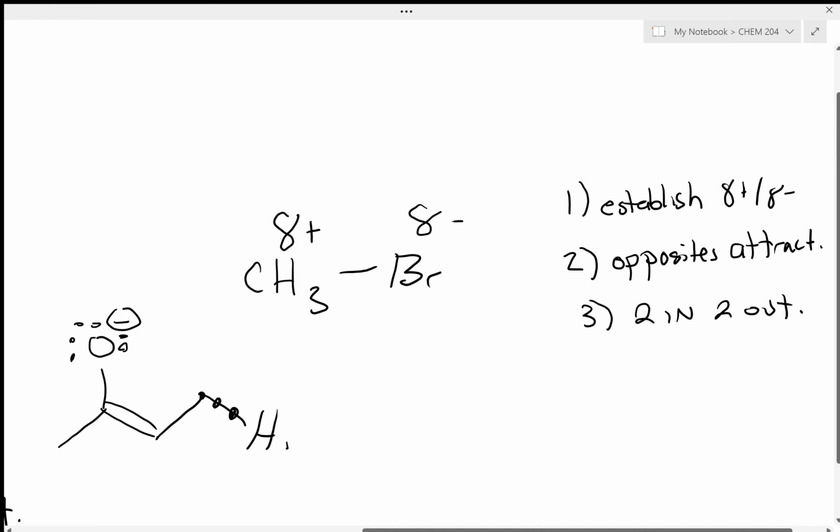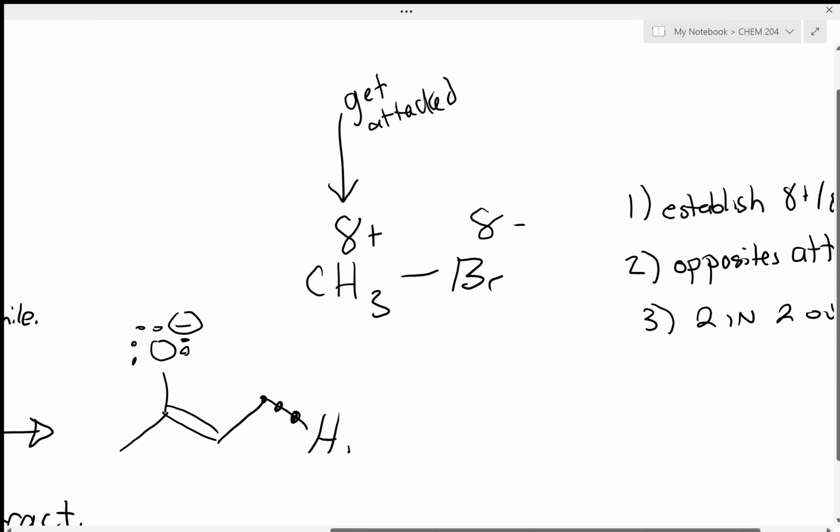So now what do I know is that this is most likely going to get attacked. This bromine is electronegative, meaning that there is a dipole, showing that the electrons are moving towards and being pulled towards the bromine. So this bromine is going to end up accepting electrons from that bond.